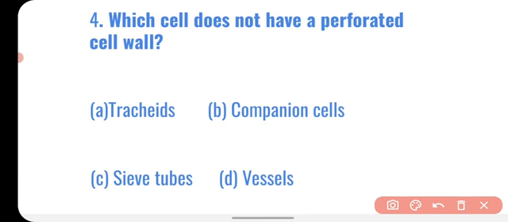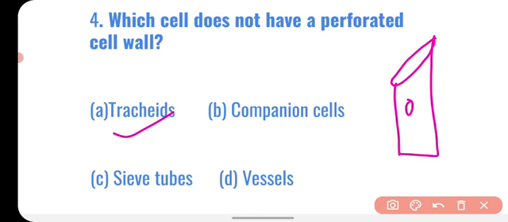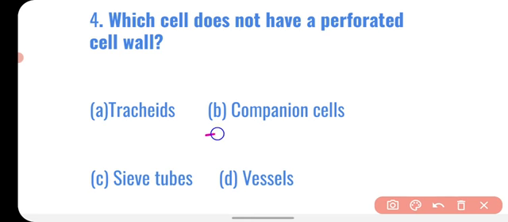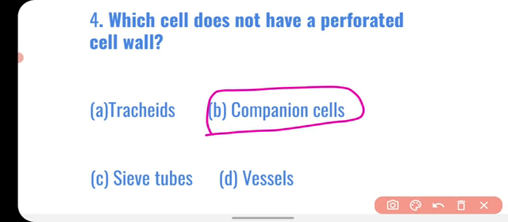These are the cells found in the plant body, and you know that tracheids are found in the xylem, and they have a perforated cell wall, they have holes in their walls. Companion cells are found in the phloem, they do not have a perforated cell wall.